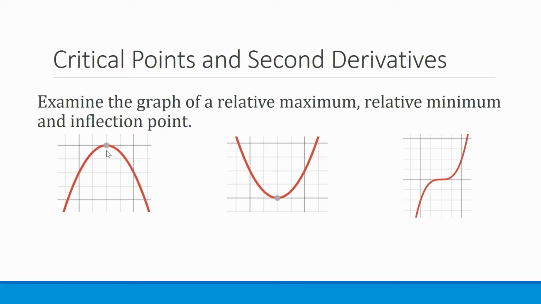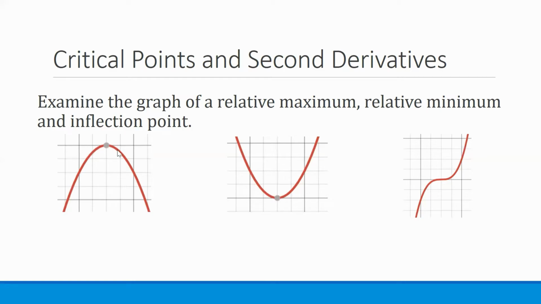Let's take a look at a relative maximum. If you look at the graph of a relative maximum, what's happening is at that critical point, the graph is also concave down.